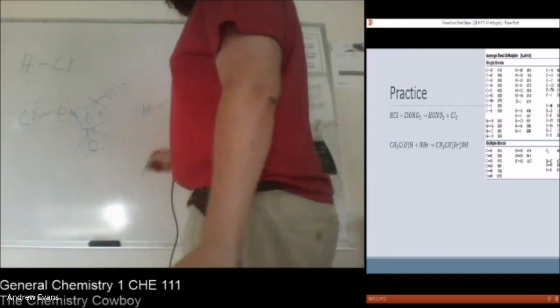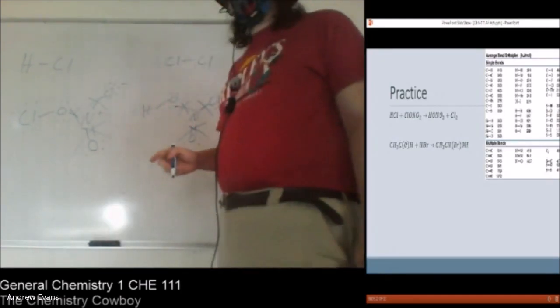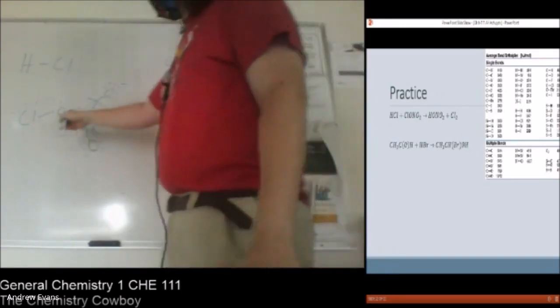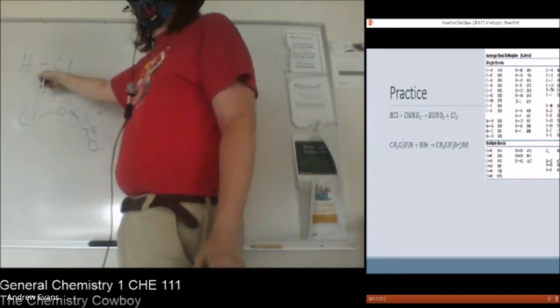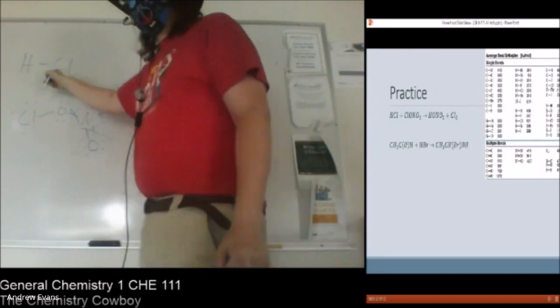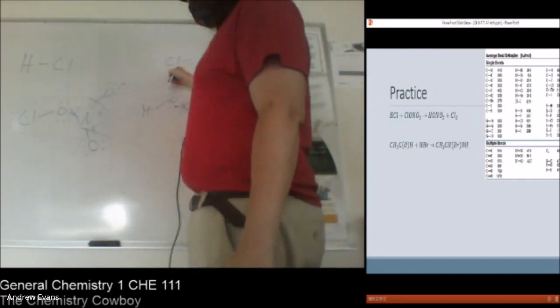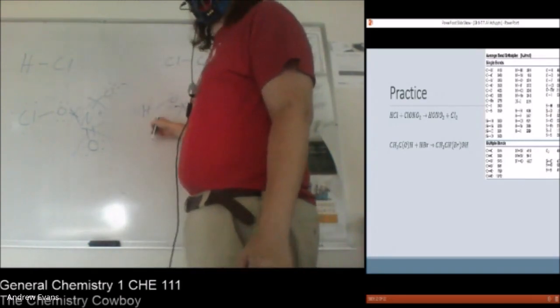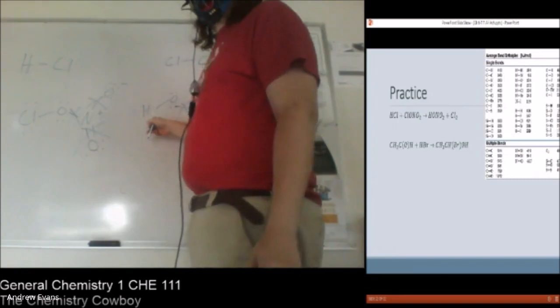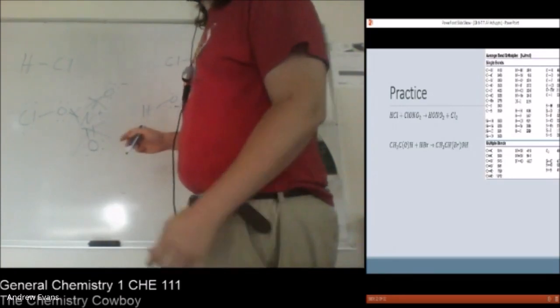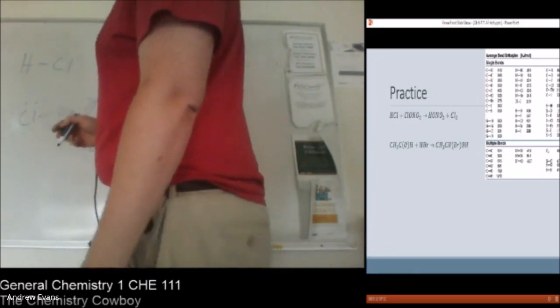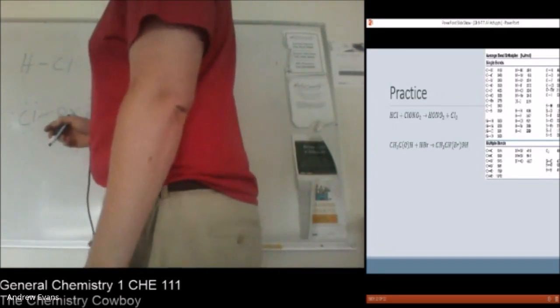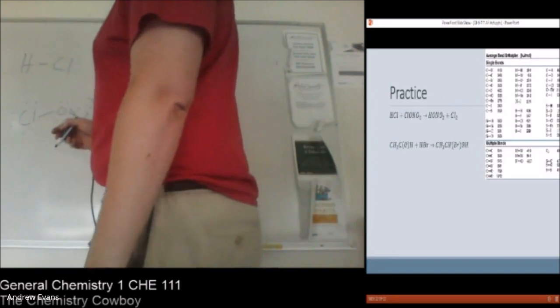So what are the two bonds that change? We have a ClO and an HCl on the left, and a ClCl and an HO on the right. So we are going to calculate the energy produced or absorbed based on those four bonds.